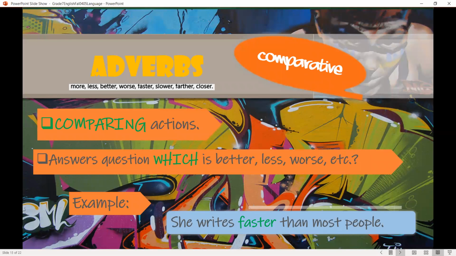Have you noticed that the adverb has an ER on? So she writes, writes is your verb, faster is your comparing adverb. It describes how she writes compared to most people. I've taken an adjective, fast, and I'm using it as an adverb to describe writes.